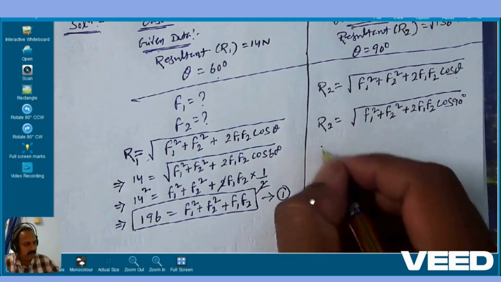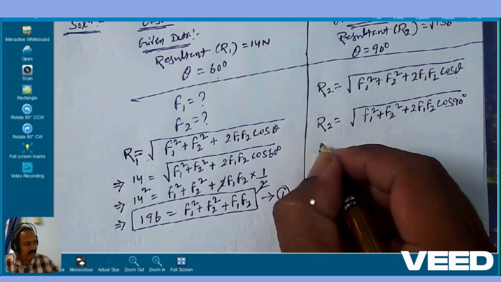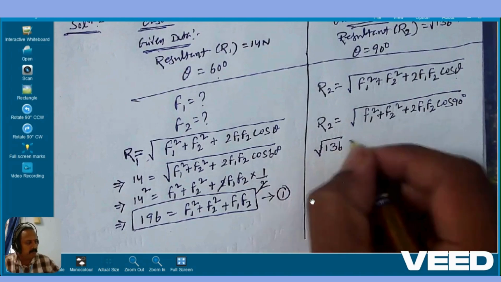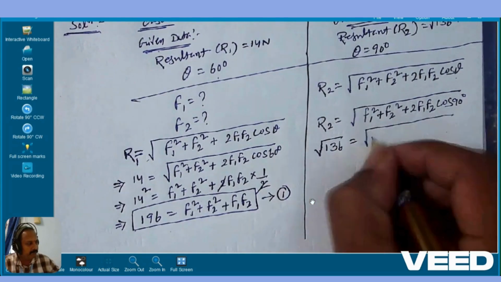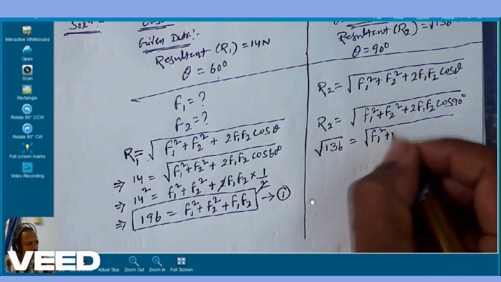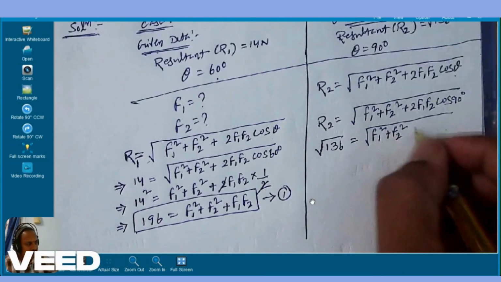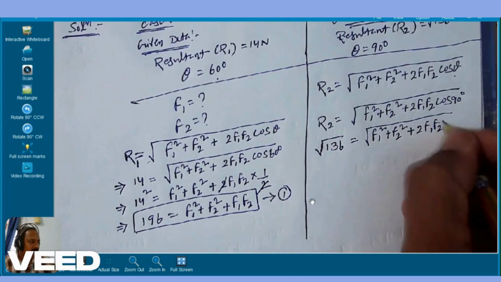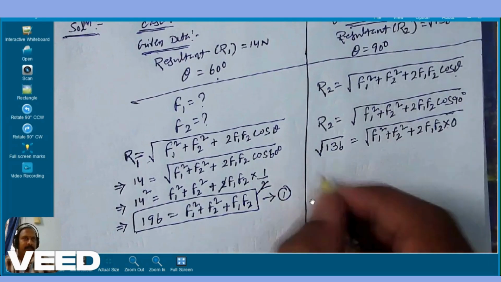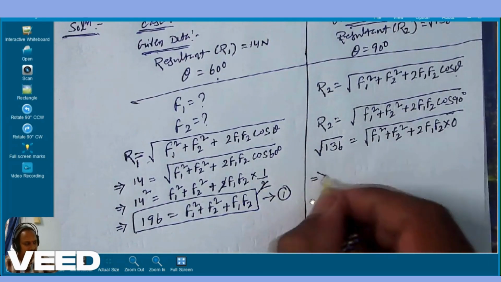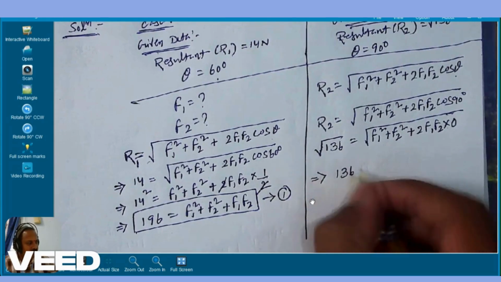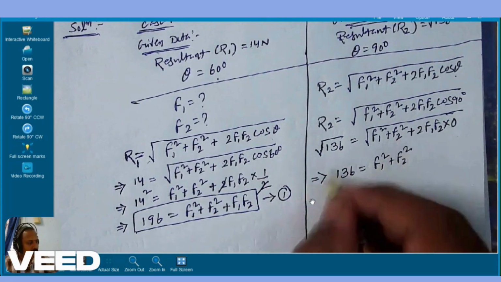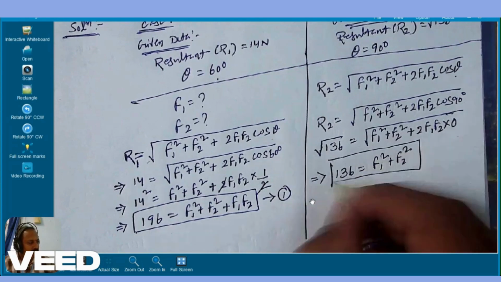The final equation will be: the value of R2, root of 136, is equal to root of F1 square plus F2 square plus 2F1F2 times cos 90, and the value of cos 90 is 0. So the root gets cancelled on both sides. The final equation will be 136 is equal to F1 square plus F2 square. Let us take this as equation 2.